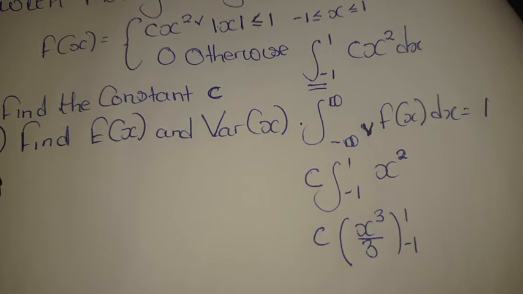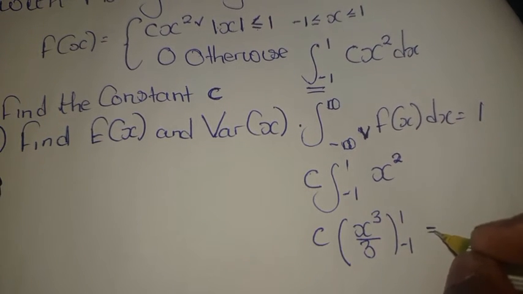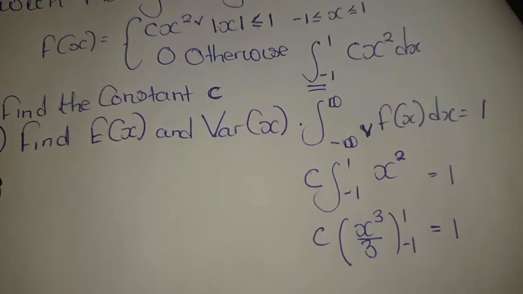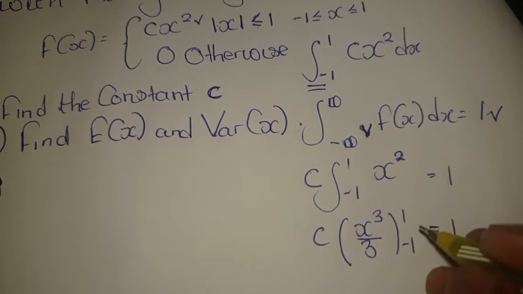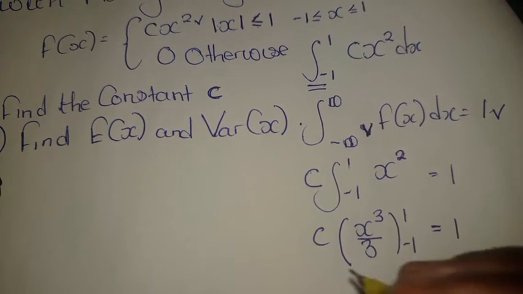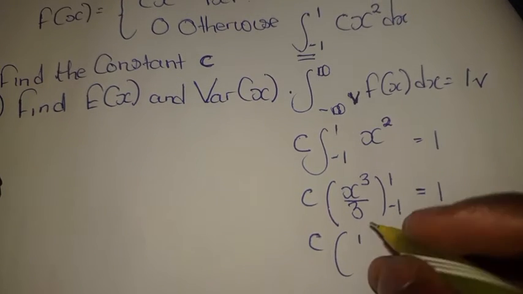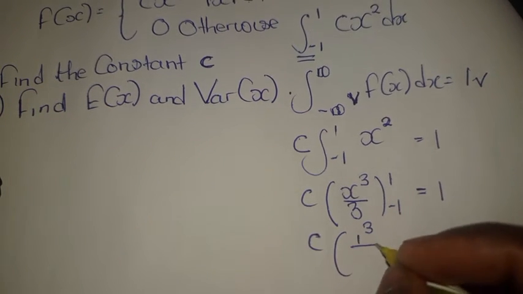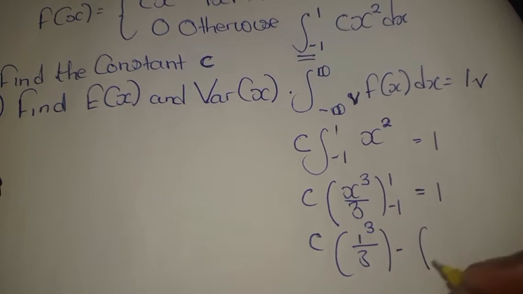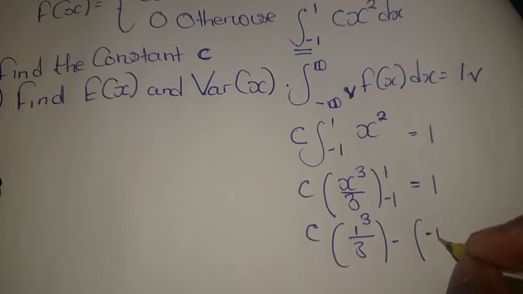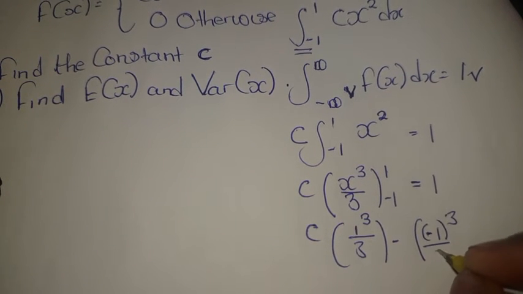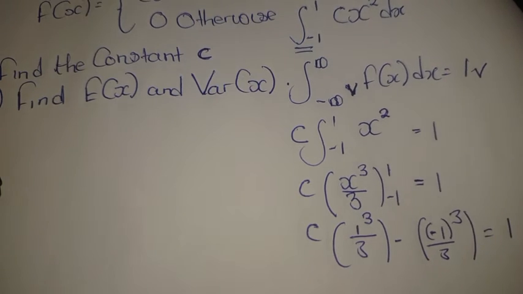Now we know for sure that this is equal to 1 as per the property stated above, where we just substitute the limits. So we have 1 to the power 3 over 3 minus -1 to the power 3 over 3 equal to 1.